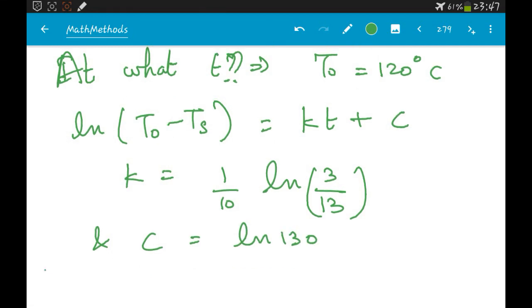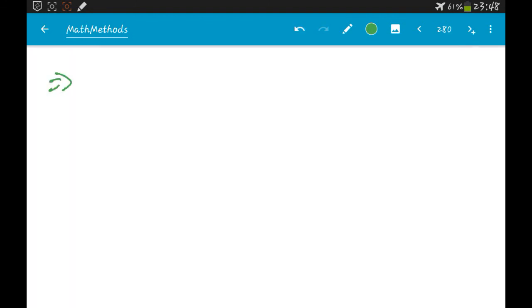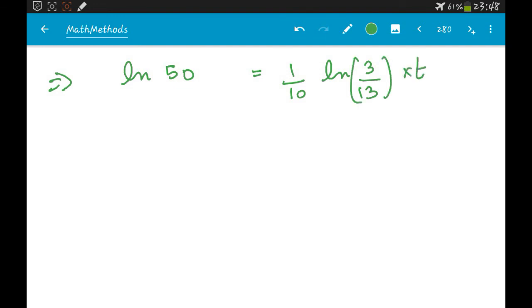So now you can easily find out. ln(120 minus 70) is equal to 1 by 10 ln(3 by 13) into t plus ln 130. So you are going to get ln 50 is equal to 1 by 10 ln(3 by 13) into t plus ln 130.